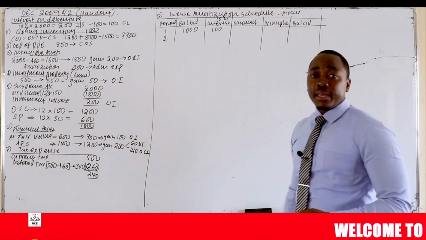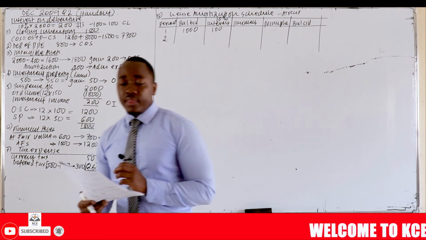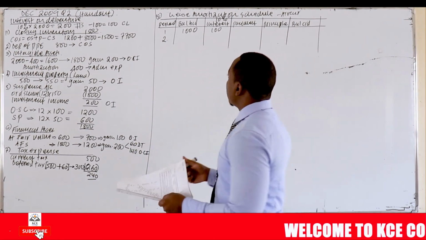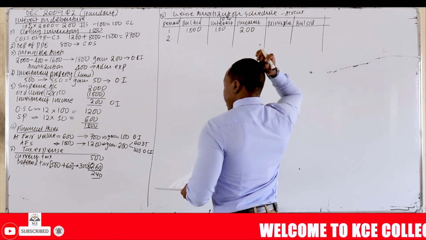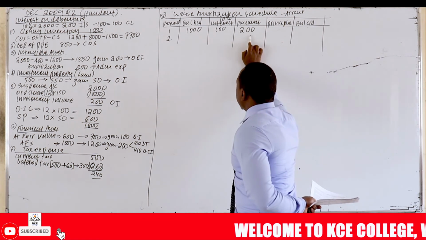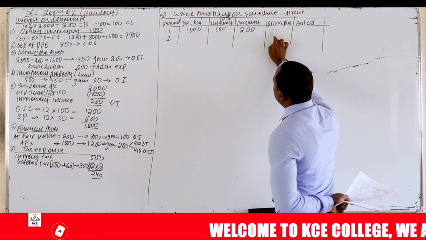Then, how much is the payment? Still in the trial balance, the second last item, we have lease rentals paid. So the payment was 200. The payment comprised both the principal and the interest. If you paid 200, of which the interest was 100, how much was the principal?